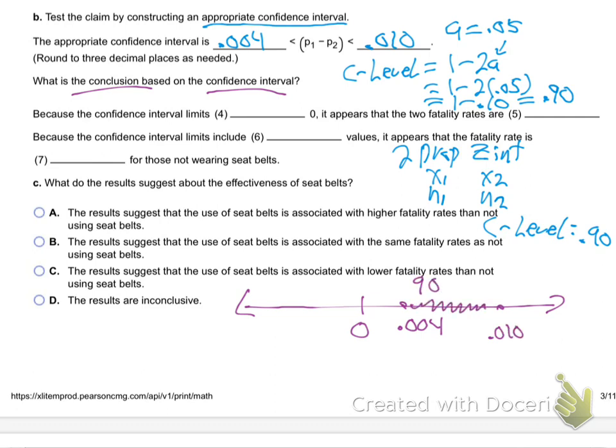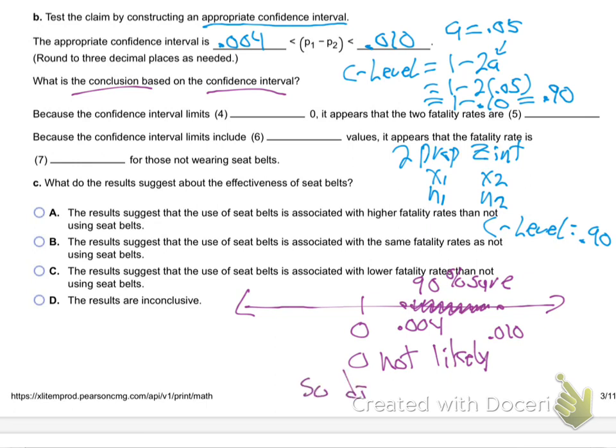We're 90% sure that the real difference between those wearing seatbelts and those not, the percentage that die in a car accident, is somewhere between 0.004 and 0.010. In other words, 0 is not likely. We're 90% sure that 0 is not in the interval.